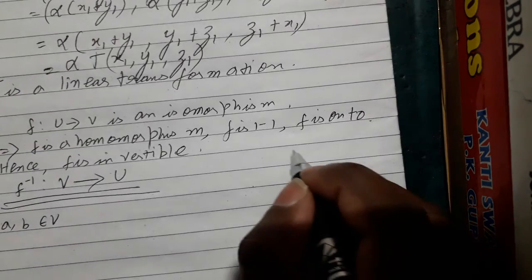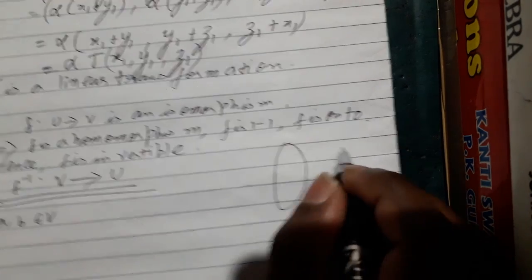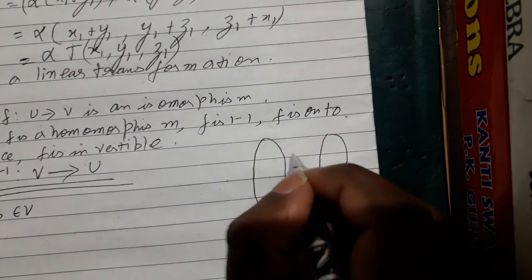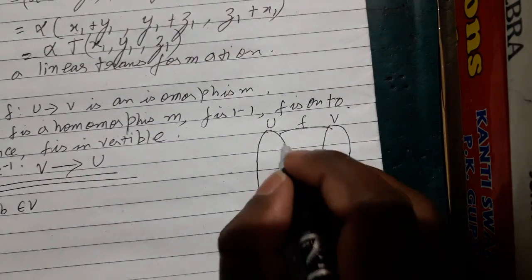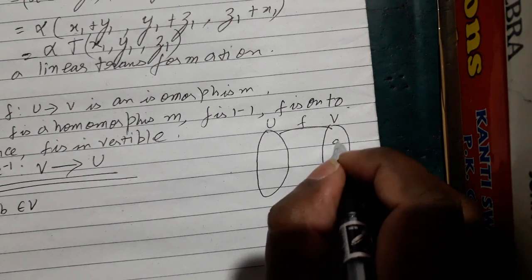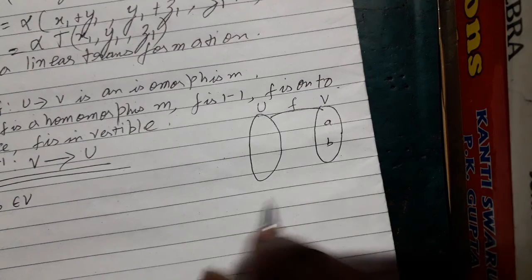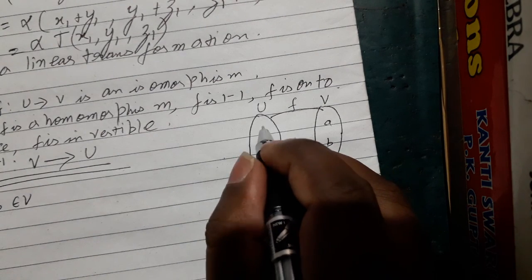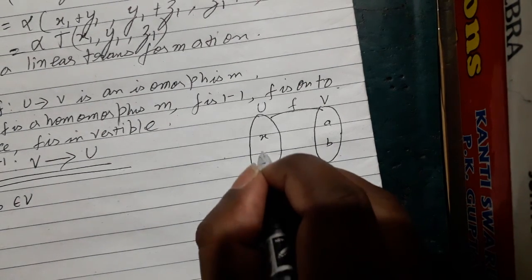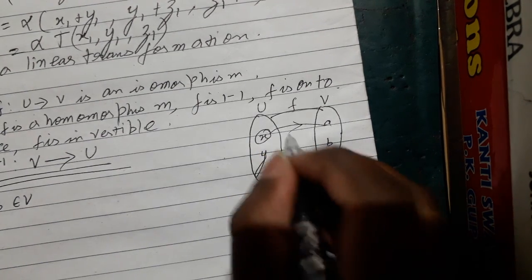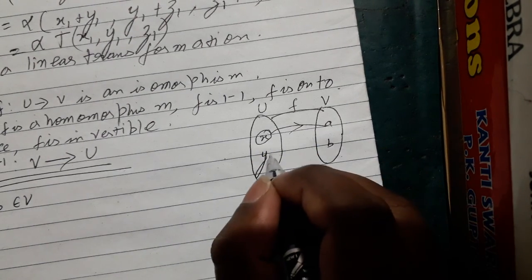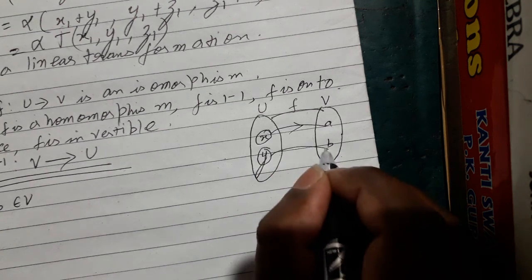Here we have U, this is V, and a mapping f. I take two elements here, a and b. So there should be some element in U which is sent by f to a, and in the same way another element which is sent to b.